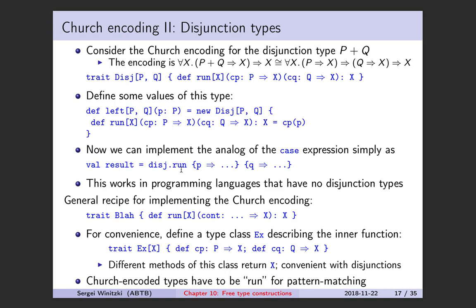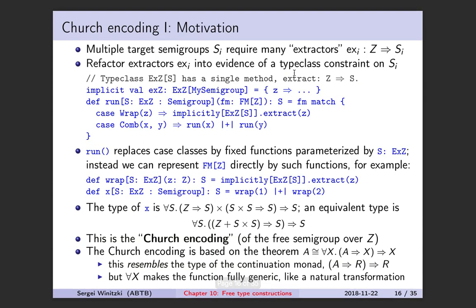Now, notice that case expression, which replaces pattern matching for disjunctions, is actually consisting of running this function. So the church encoding of a type is a function, and calling that function means running. So just like in the free type constructions, when you interpret the free value, or a DSL, or your interpreter runs, you get some final value.